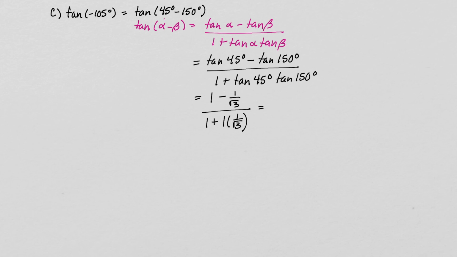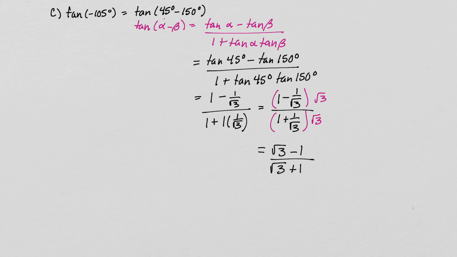So we have 1 minus 1 over root 3 divided by 1 plus 1 over root 3. I'm going to multiply the whole top by root 3 and the whole bottom by root 3 just to make things look a little nicer. So we end up with root 3 minus root 3 times the 1 over root 3. The root 3's cancel and we just get minus 1 divided by root 3 plus 1. And that would be my final answer.